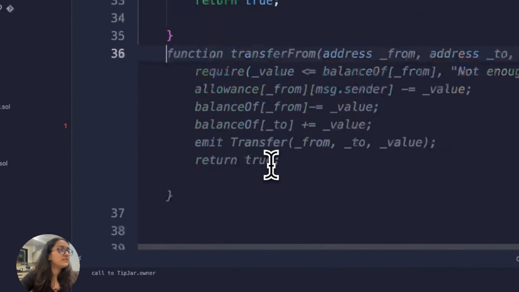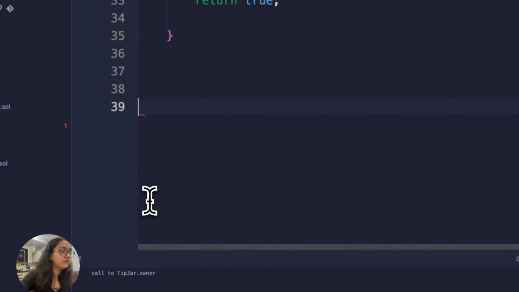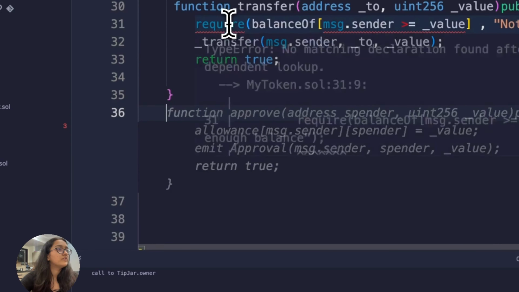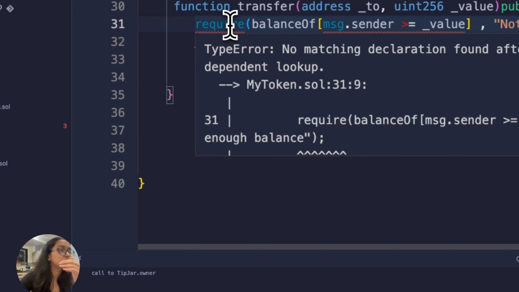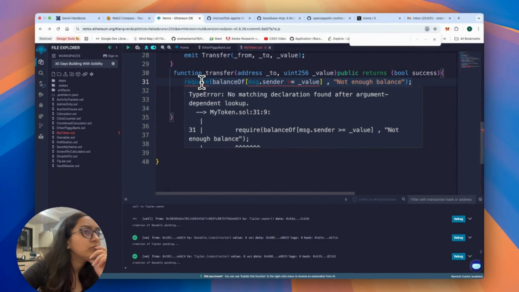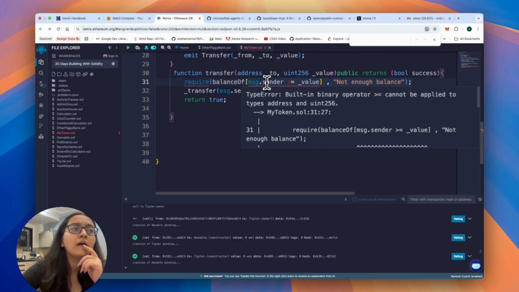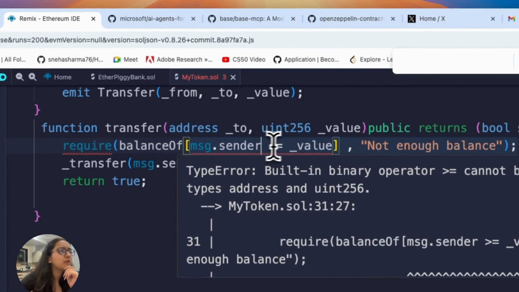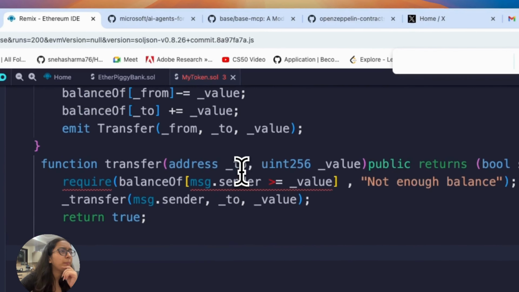Have I missed something? Yeah, I have missed a closing curly brace. What is the problem here again? Oh, we actually don't need it from here.